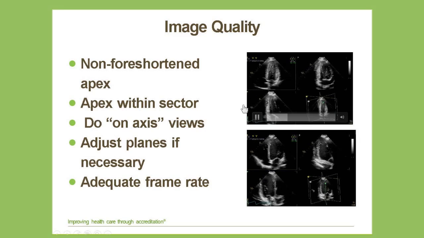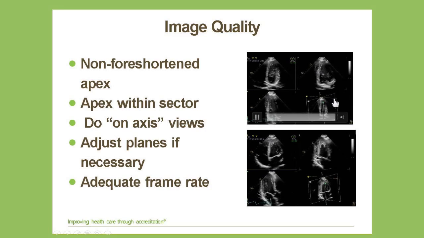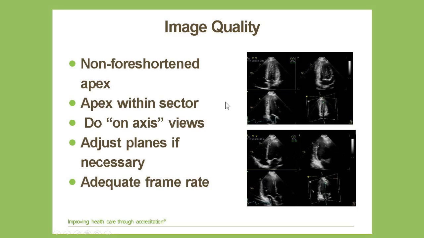Now, if you're using triplane imaging, remember that what we initially do is we focus on the apical four-chamber view, and we really line that view up first. And then we look at our two-chamber and our apical long-axis views. And if they're not good on-axis views, what we can do is adjust the planes here to bring those views into a better on-axis view if needed.